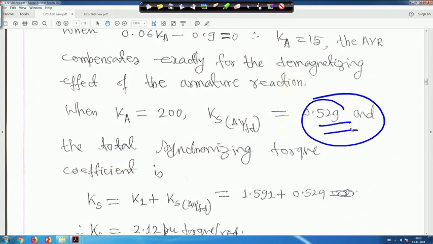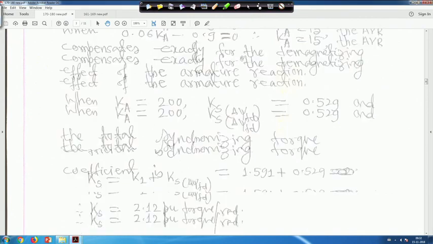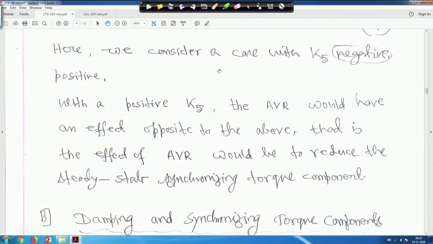If K5 is positive, it depends on the system parameters. If you put K5 as, suppose, 0.12, this value may become negative. It may not be 0.529, but it may be negative. Hence, if you make the sum, it will reduce. So, this is a simple exercise for you, just put it in and see it. I did not do it here.